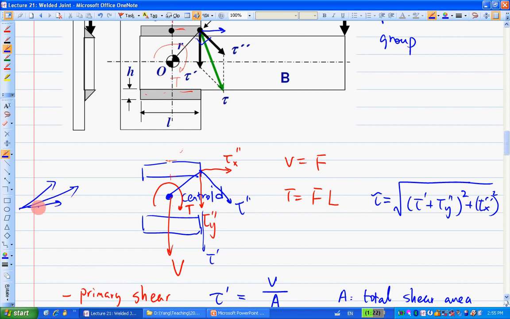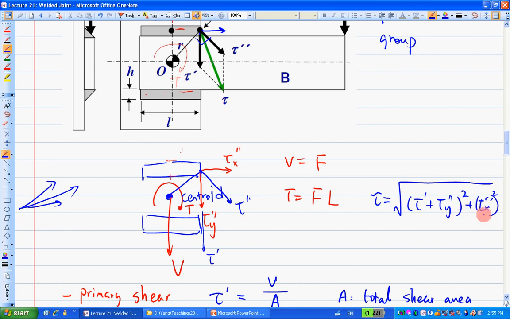You need the angles first, then use the law of cosines to get the magnitude. But now, because those are 90 degrees here, I can use this simple formula to do the calculation.